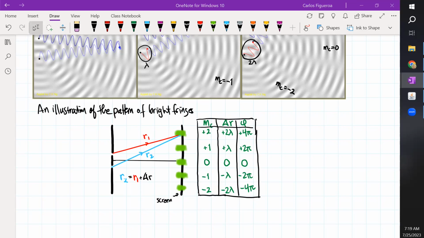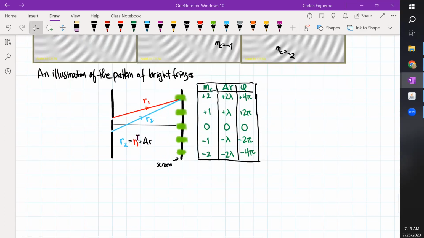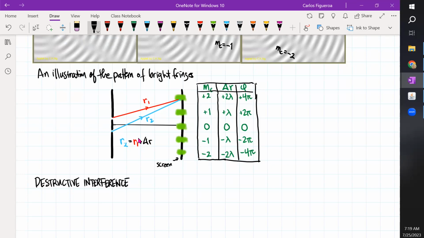Here I'll move a little bit faster. So now if I look at my destructive interference, I'm going to say that this is similar to constructive, right?